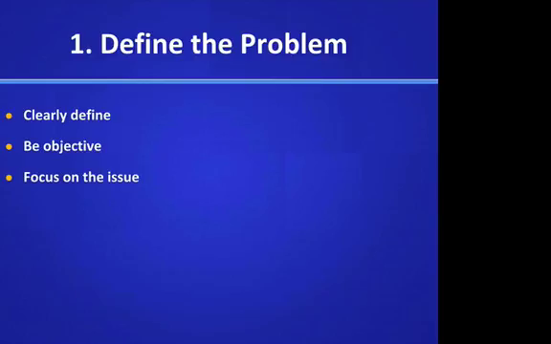Now the first step is to define the problem. For example, today what we're going to look at in particular is which university to select for a post-high school student. So in my notes, I'm going to create this chart.